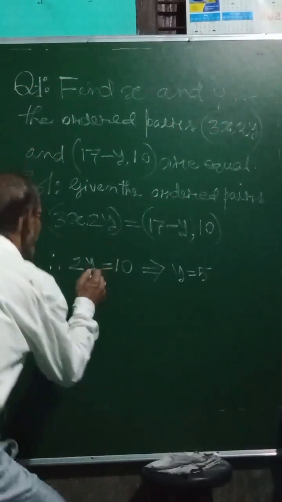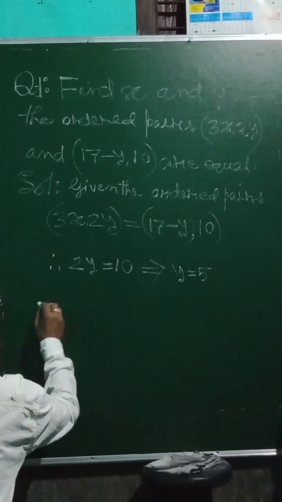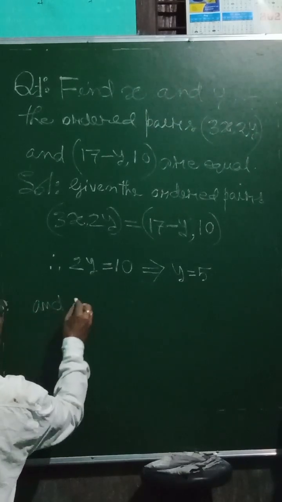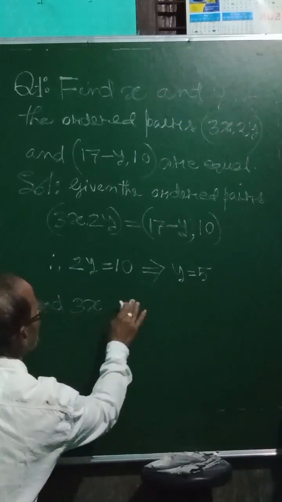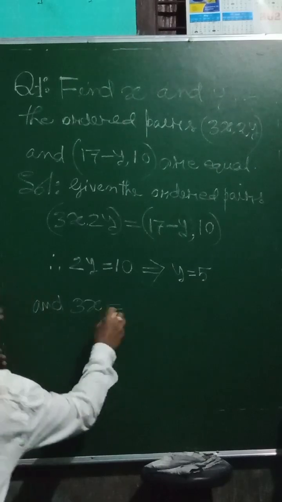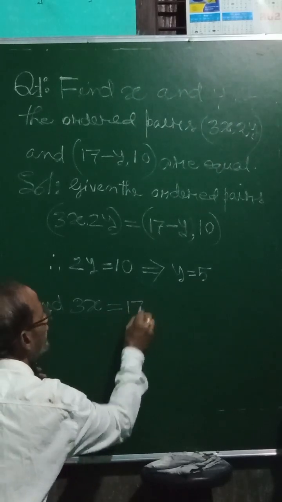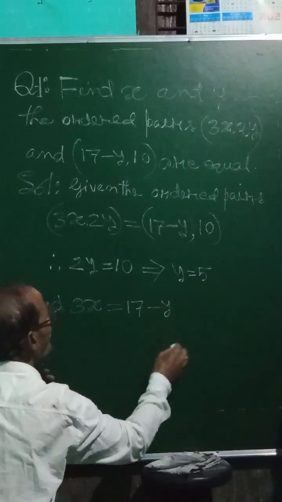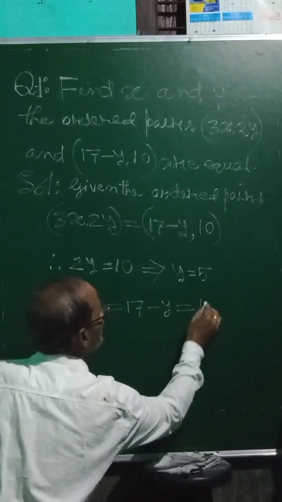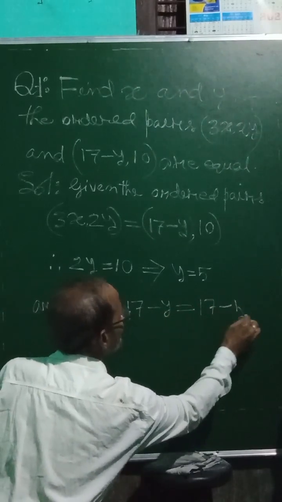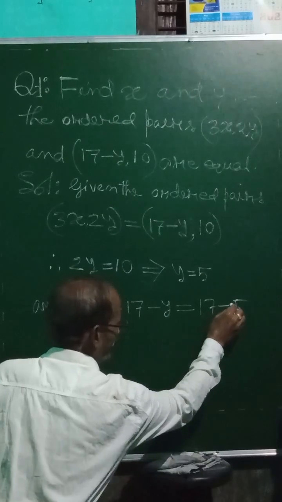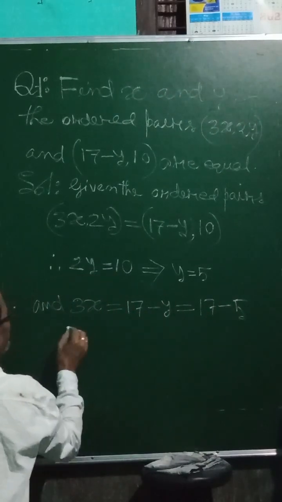Now take the first element. 3x equal to 17 minus y, equal to 17 minus 5, putting the value of y here.